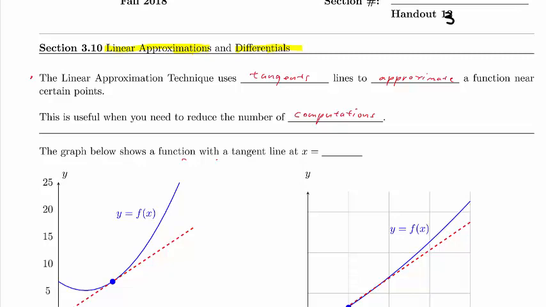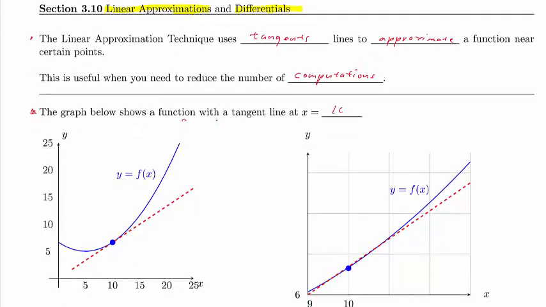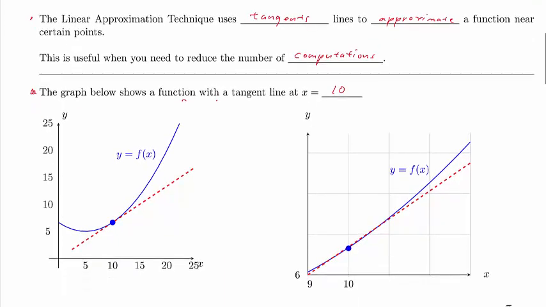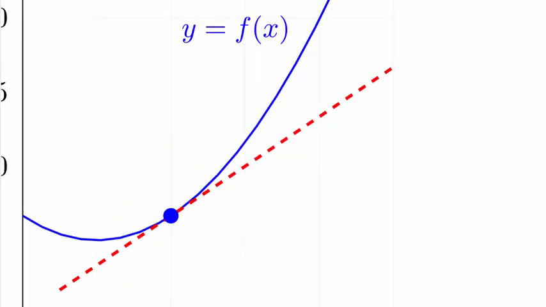And so let's go ahead and get a good geometric intuition of what's going on. Looking right here, the graph below shows a function with a tangent line at x equals 10. And so if you zoom in right here, you notice that the values of the tangent line are pretty close to the values of the actual function.